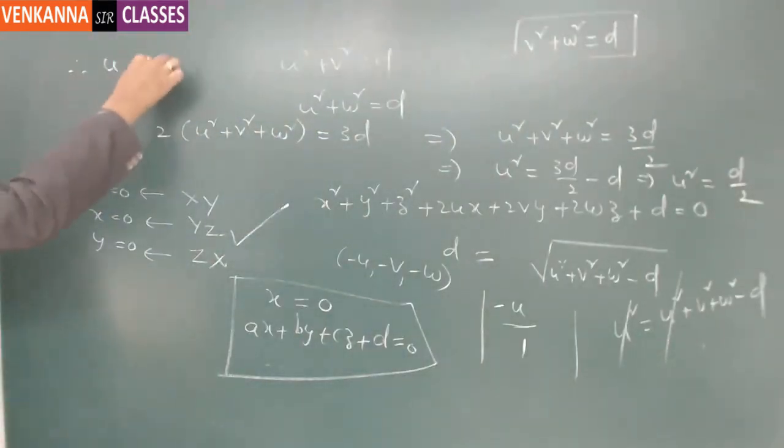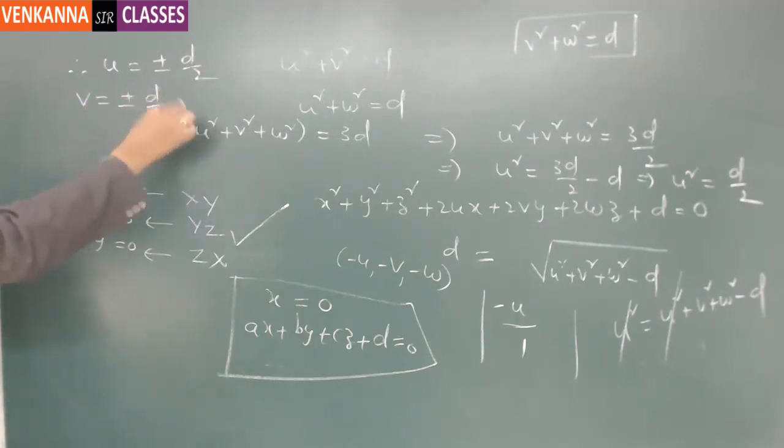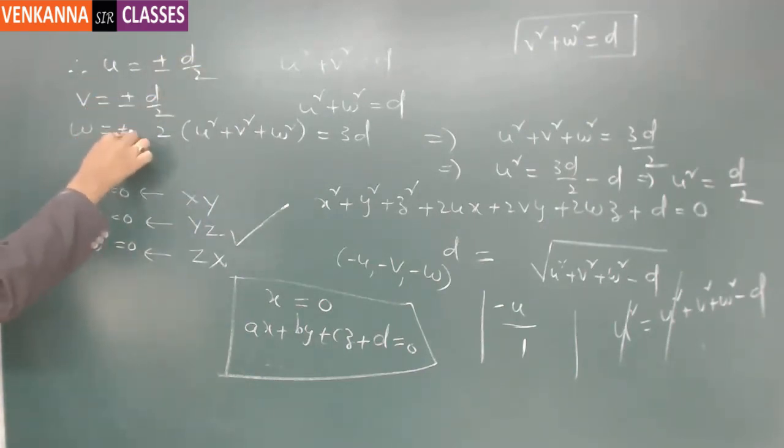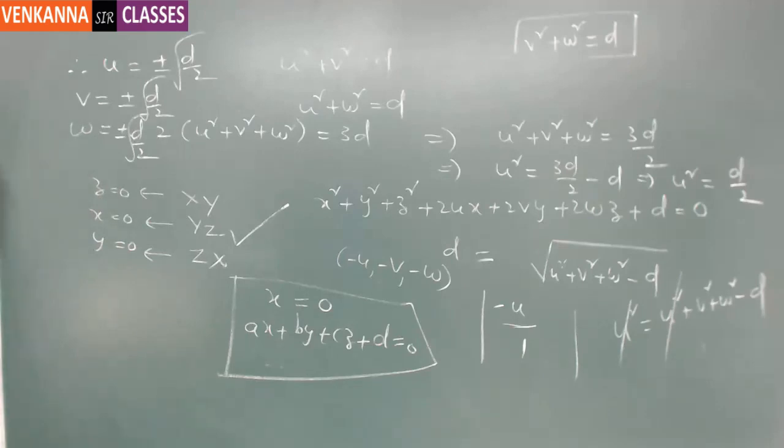Therefore, u is equal to plus or minus root of d by 2. Similarly, v is equal to plus or minus root of d by 2, and w is equal to plus or minus root of d by 2. Is the simplification clear to all? Agreed?